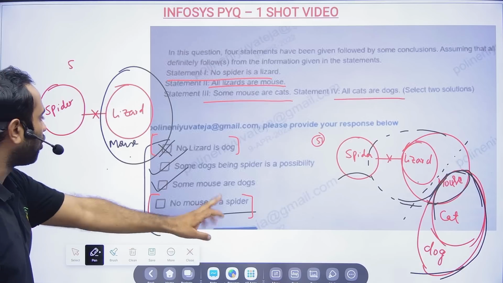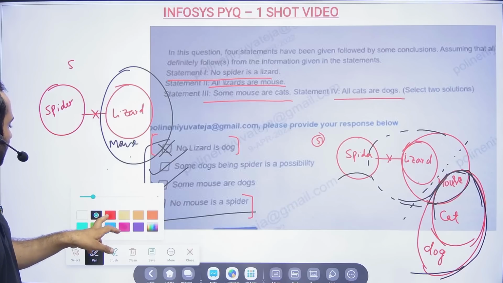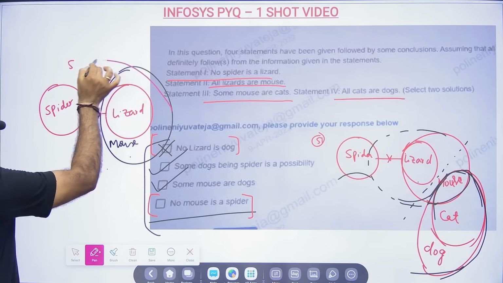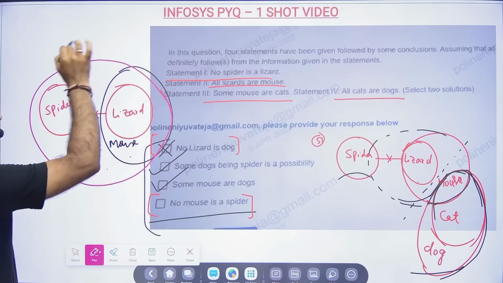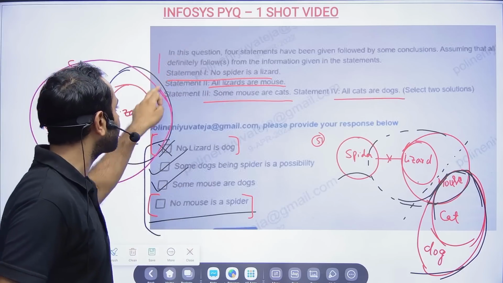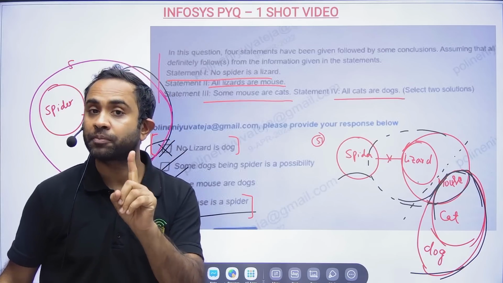And now they're telling no mouse is a spider. Understand, brother. See here, there is a possibility that somebody could have drawn the mouse like this. And none of your statements will be violated. So always you have to think about the possibility.